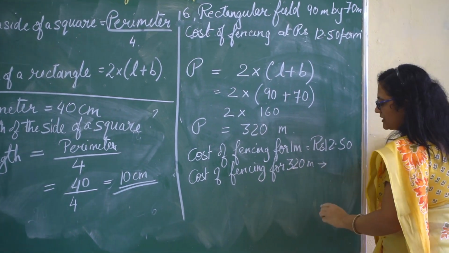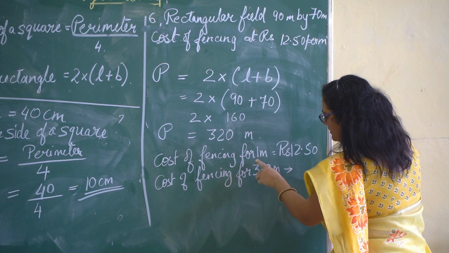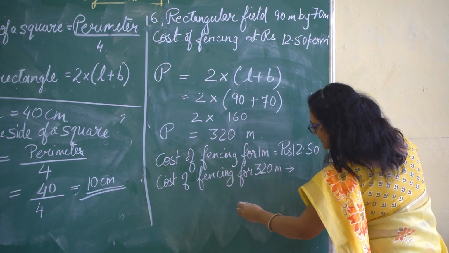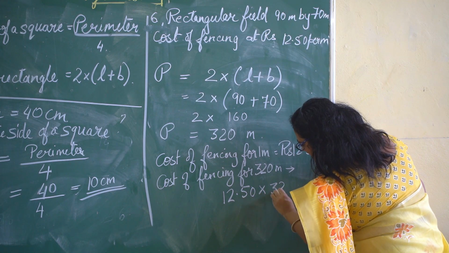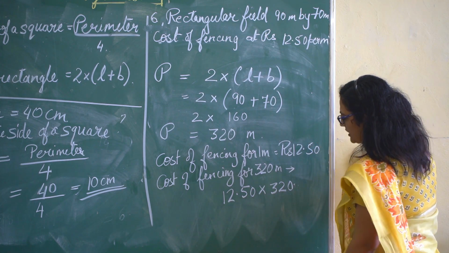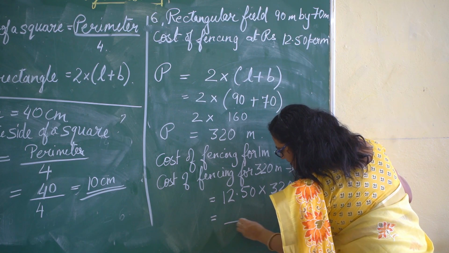I told you earlier, for 1 we divide and if you have to find for more, we multiply. So rupees 12.50 multiplied by 320. So you will get the answer.